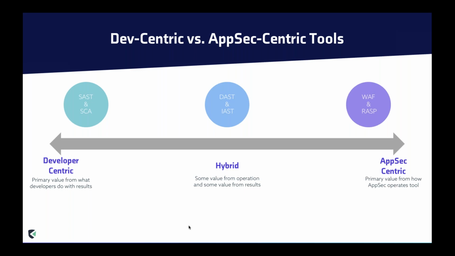And if you think about DAST, there's tremendous value in terms of the skill in which you're actually using that tool. And so, these are sort of hybrid tools. So as you're starting to think about how can I make my application security program more efficient, think about who's that right user for the right tool, and then try and build your workflows with that appropriate user in mind.